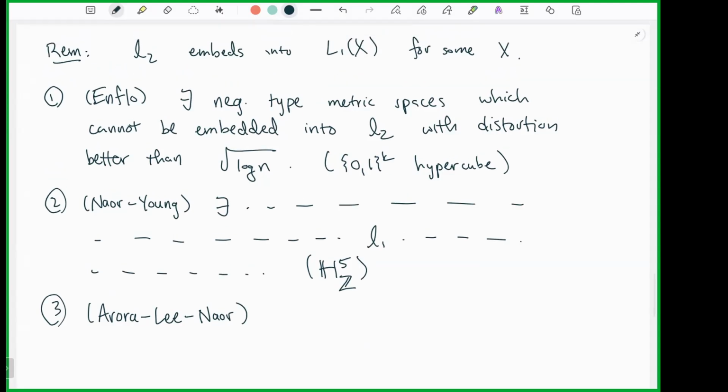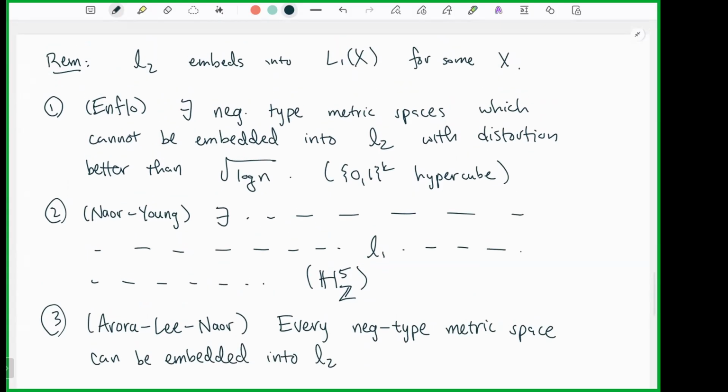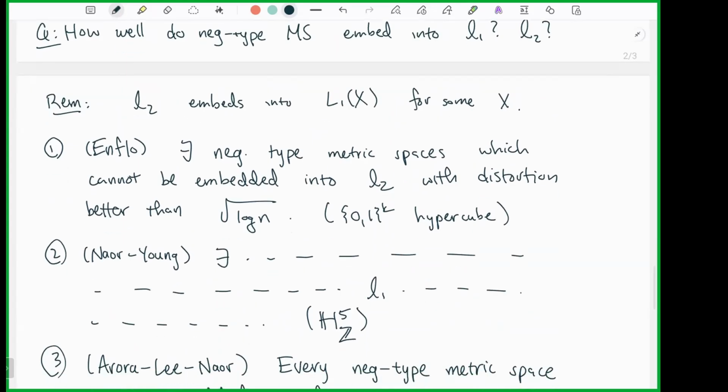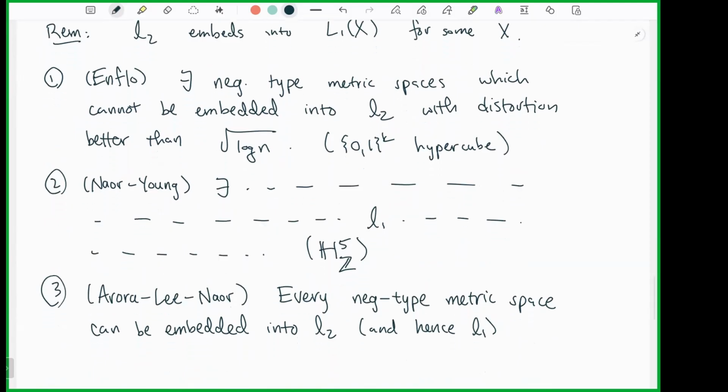This is the positive result, similar in form to Bourgain's theorem: every negative type metric space can be embedded into L2, and hence L1 because of this remark up here. If you have an embedding into L2, you compose it with the isometric map into L1, and you have an embedding into L1. So it can be embedded into L2 with distortion at most root log n times log log n.